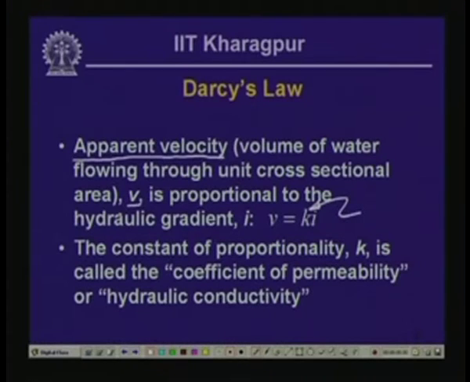So, the apparent velocity is going to be much smaller than the actual velocity with which the groundwater is going to travel through the interstitial void space within the subsurface formation. You need to really understand the difference between apparent velocity and the actual velocity of groundwater flow in this respect. All right.